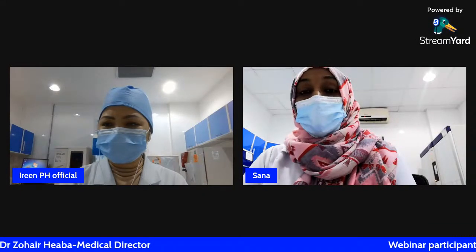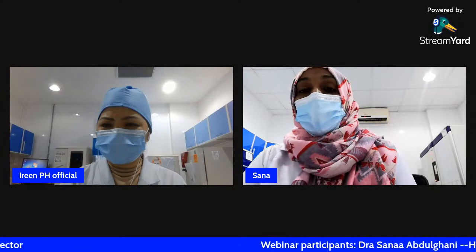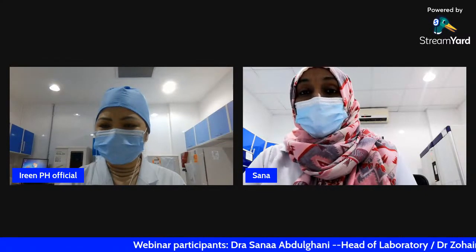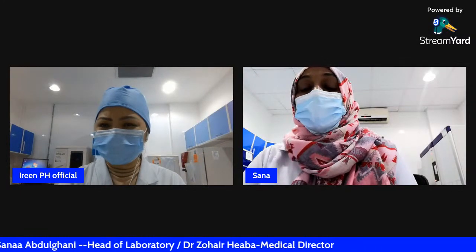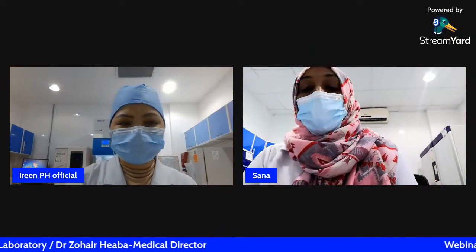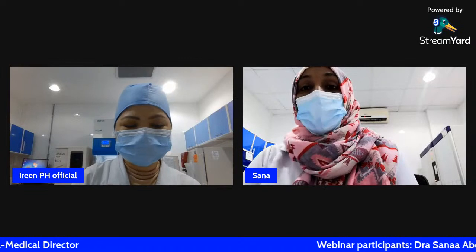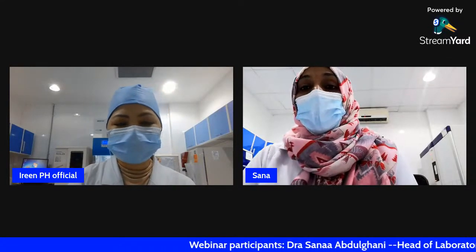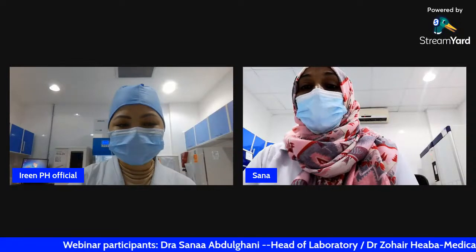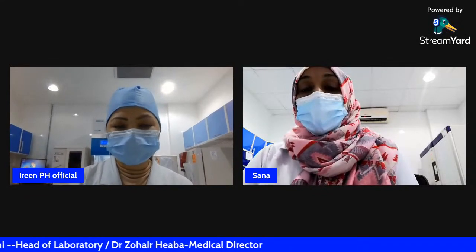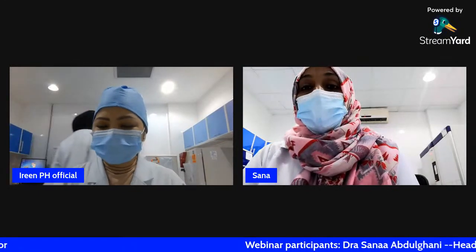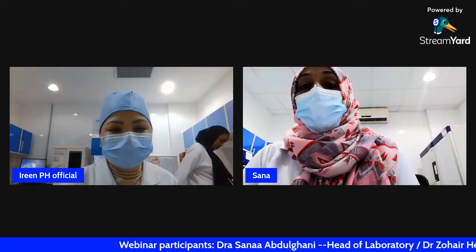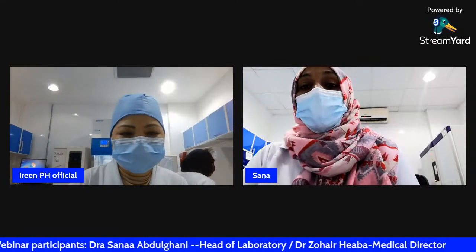We appointed an infection control officer in the lab, and we started to collect the data in 2020 about the cultures and all the sensitivity results, the number of gram positive and gram negative bacteria, and the main bacteria in the hospital, like Klebsiella, Staph aureus, Enterobacteriaceae, and Pseudomonas. These were the main bacteria found in 2020.